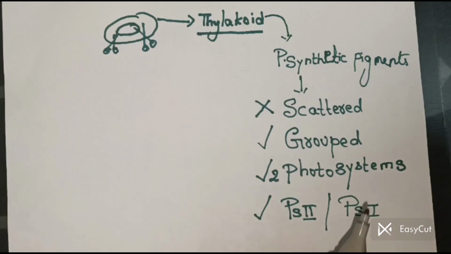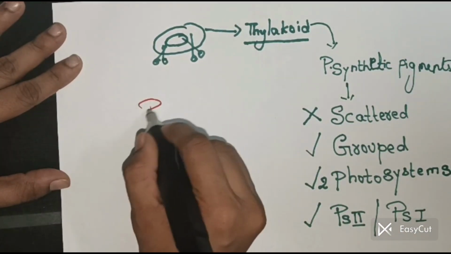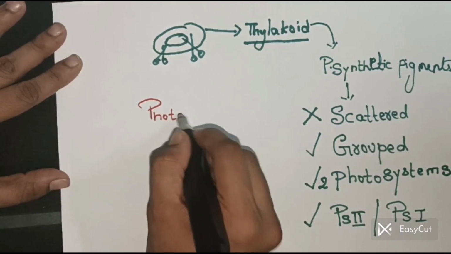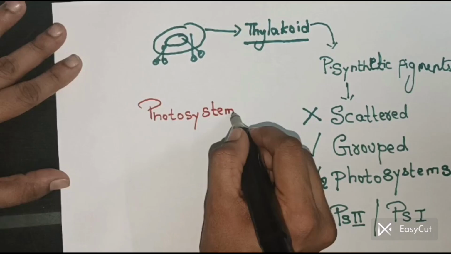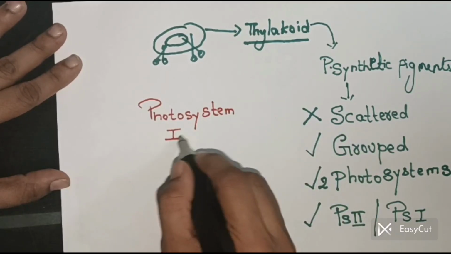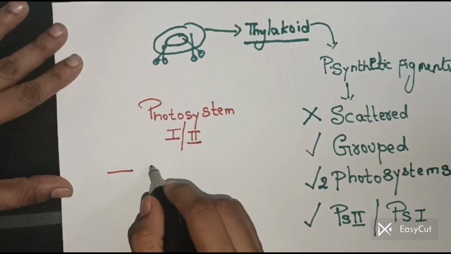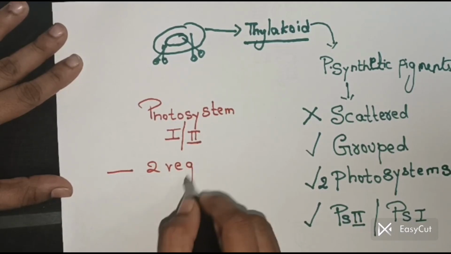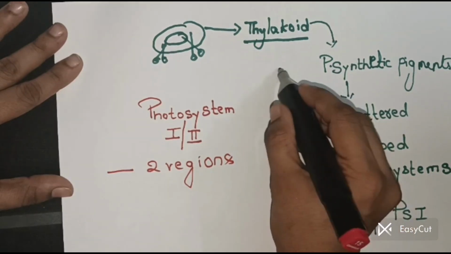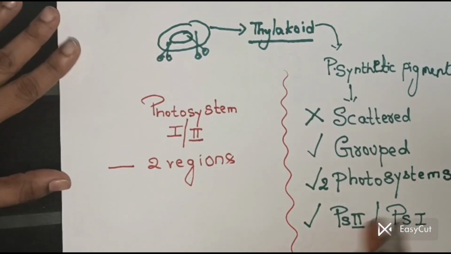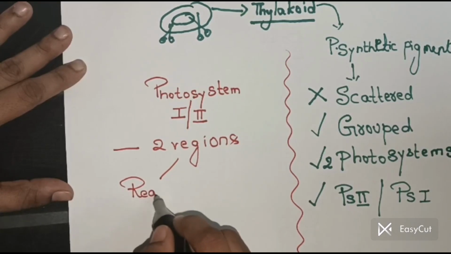Guys, if I'm talking about the photosystems, let me write here for you, any photosystem, be it 2 or be it 1, constitutes two regions. Don't forget. One is the reaction center.